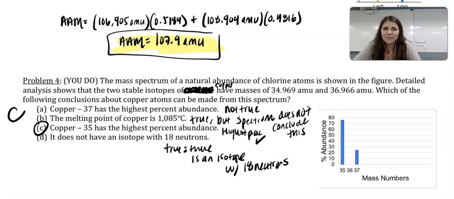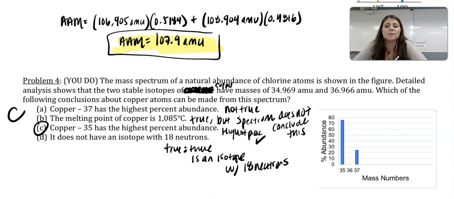But just to confirm that D is not the answer, it does not have an isotope with 18 neutrons. This is actually a true statement. Copper does have an isotope with 18 neutrons because this peak right here, since it's a 35 mass number, 35 minus 17, which 17 is the atomic number of chlorine, is 18 neutrons.